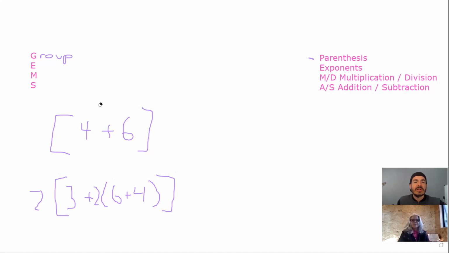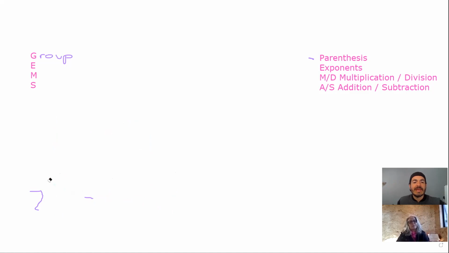The other one, which is a little bit trickier, but it's important, is anything that has to do with a fraction. So if you see something like 3 plus 4 all over 2 plus 5, we've come to learn that this fraction sign is almost the same as division, right?